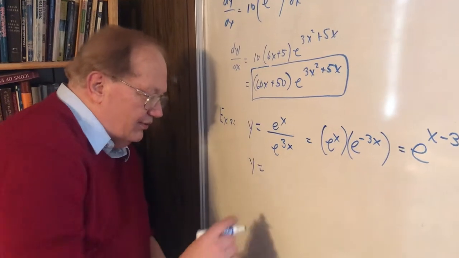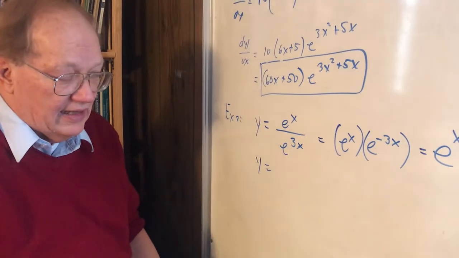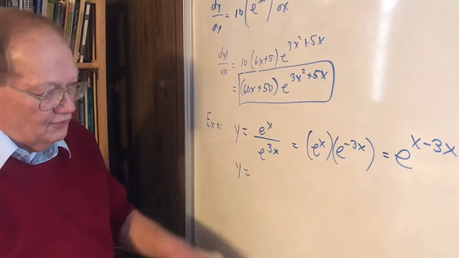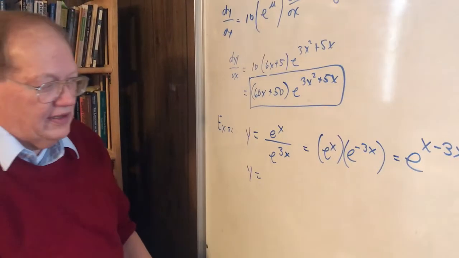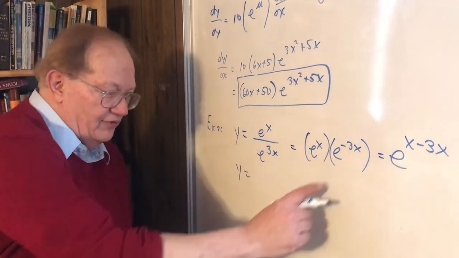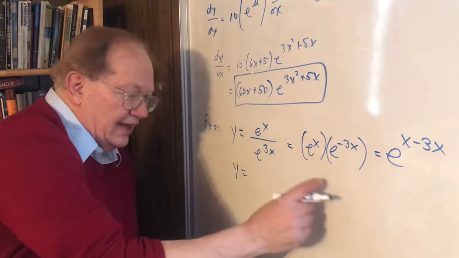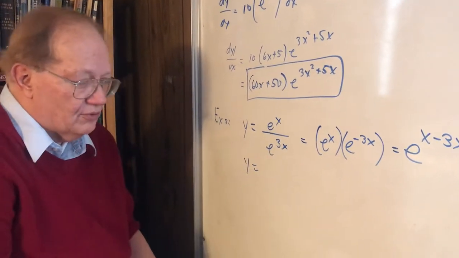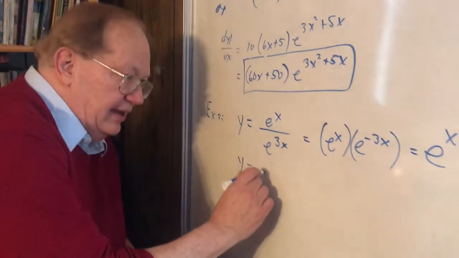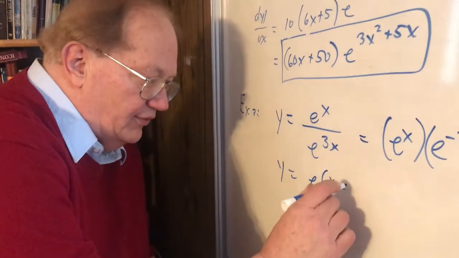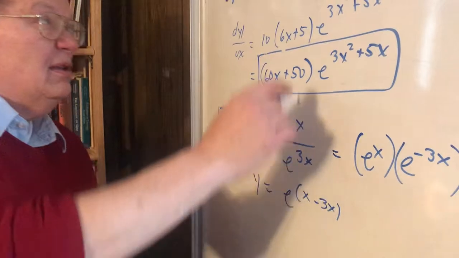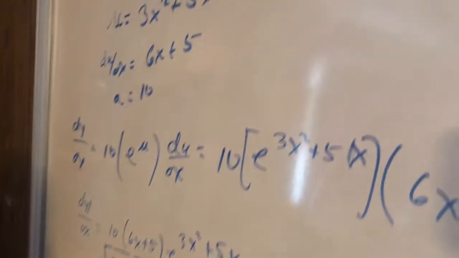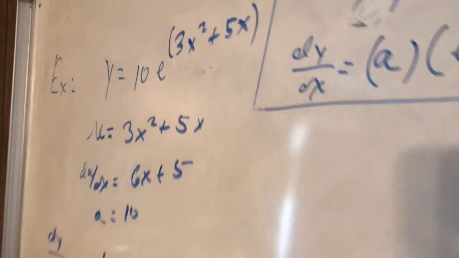So y equals, by the way, I know you don't like the chain rule. If you didn't see that, you could do the product rule on this, which is easier than the quotient rule. But here we have e to the x minus 3x. A lot like this one over here. Instead, a is 1, right?